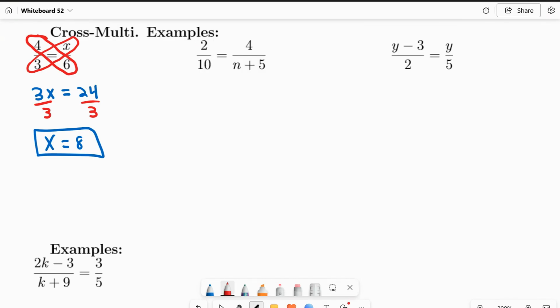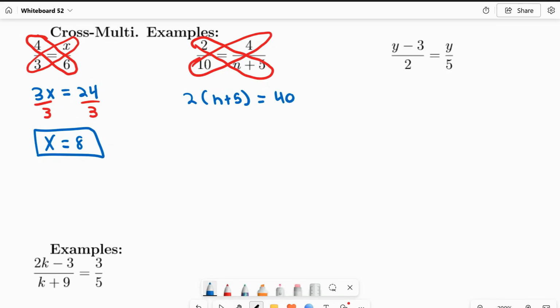So you can see in the second one, once again, we're going to use cross multiplication, but this time I have multiple terms in my denominator of my second fraction. So when you have multiple terms, you're going to want to multiply using parentheses. So I'm going to have 2 times parentheses n plus 5 equals 10 times 4, which is 40.